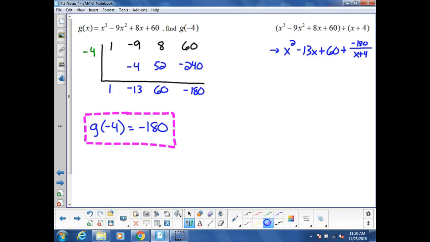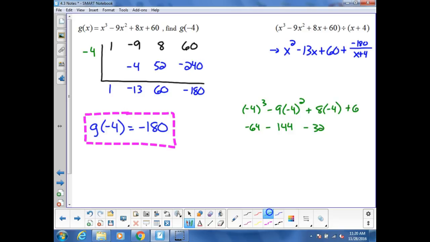Quick check. Negative 4 cubed is negative 64, minus 9 times negative 4 squared is going to be minus 144, plus 8 times negative 4 is minus 32, plus 60.